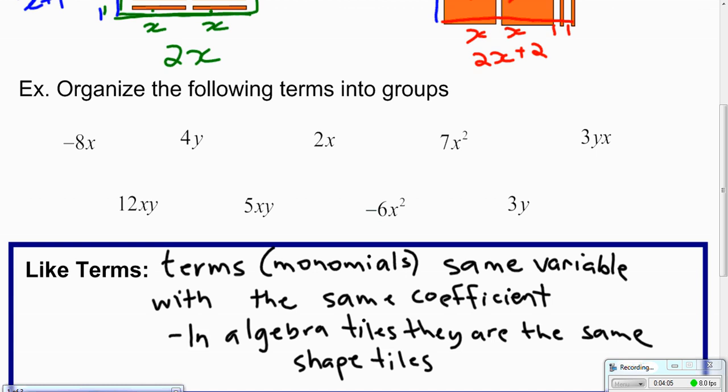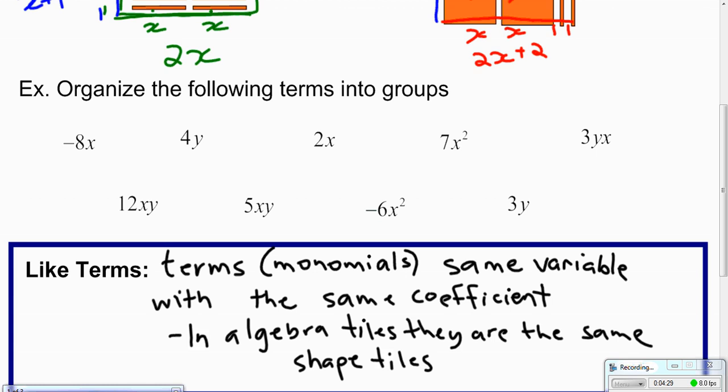It's just like when you're a little kid taking all your change and adding them all together, even if they're not the same value, but counting them all the same. So you really have to be careful when you're looking at like terms that we are actually adding the same variable to the same exponent. So it's not enough that they're both x's, they both have to be x to the power of 1 or x squared. So that way they represent the same shape.